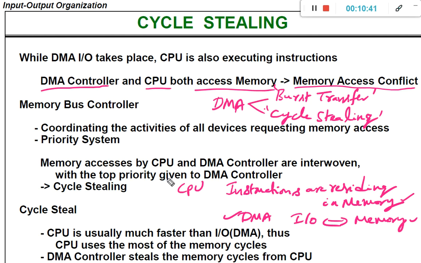The CPU will have more cycles to be executed, so it has more control over the memory. So now the DMA is going to request some of the cycles from the CPU, and it is going to steal some of the cycles, which is called cycle stealing.